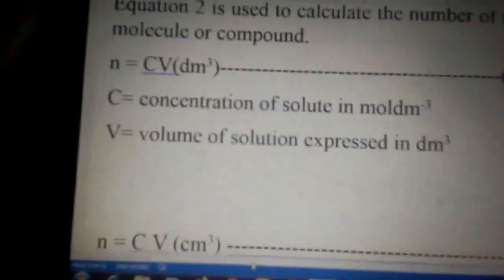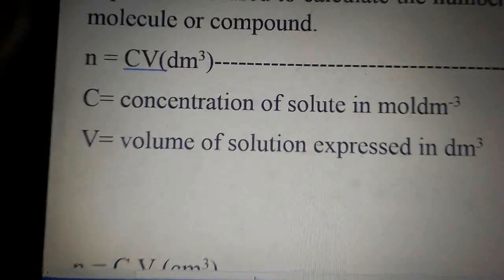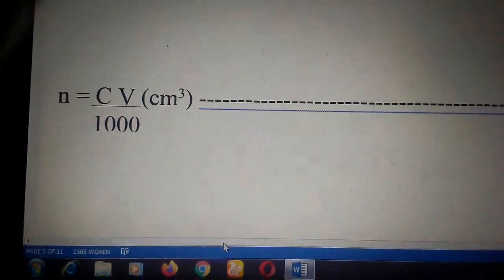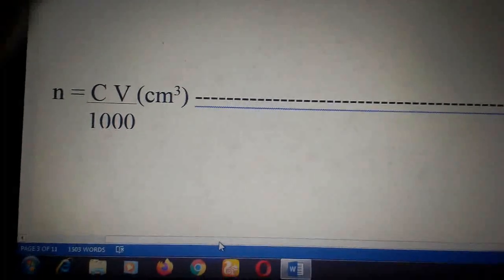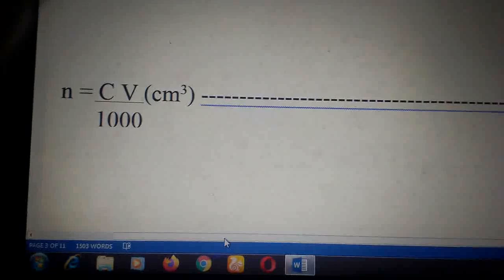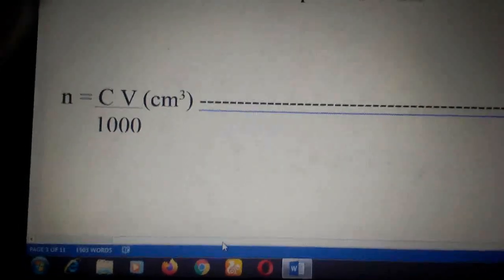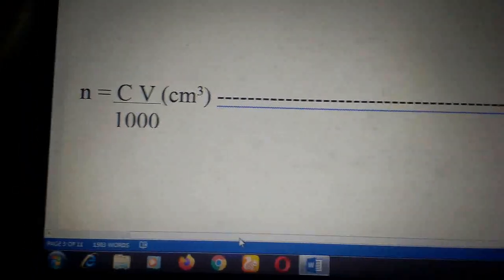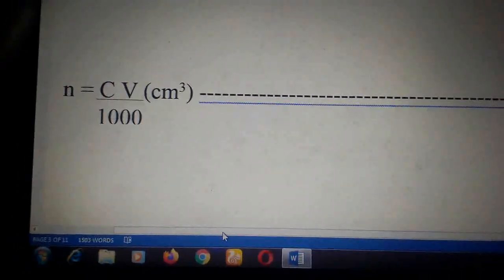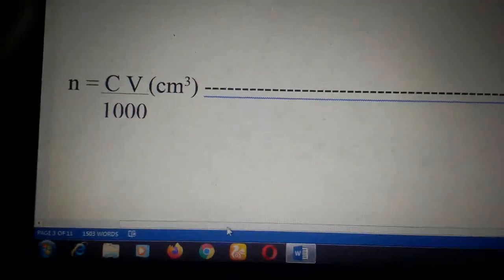Equation 3 is used when the volume of the solution is expressed in dm cube, while equation 4 is used when the volume is expressed in cm cube. The 1000 is used to convert the volume to dm cube, because concentration is in mole per dm cube, so volume should be in dm cube to be uniform. 1000 cm cube make 1 decimeter cube.